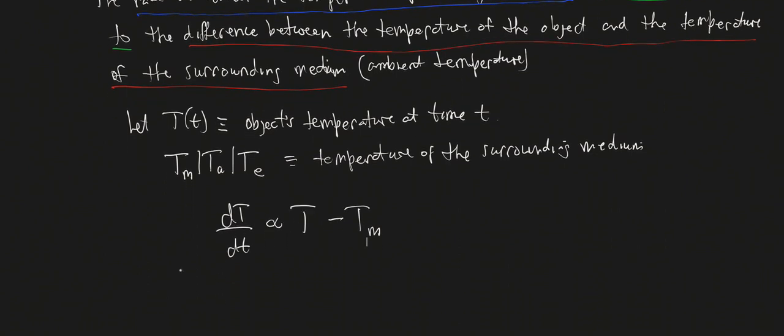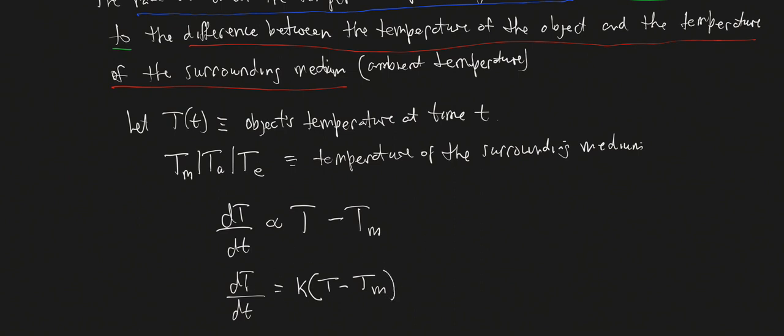And that's not to say this is the only temperature law, but in many instances, this law represents a very good mathematical abstraction of something physical, right? So then let's actually make this a differential equation. So we can say dT with respect to dt is equal to k times (T minus Tm), right?